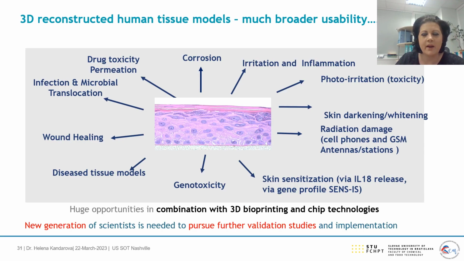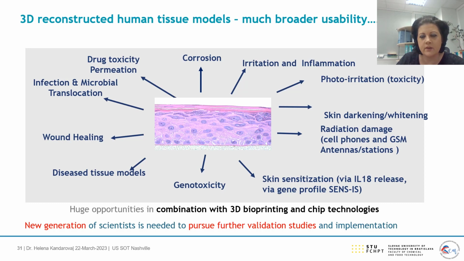So my almost last slide is showing you that in addition to skin corrosion, skin irritation, or even photo irritation that we didn't discuss, there are many other applications where the reconstructed human tissue models can be used and will be used.